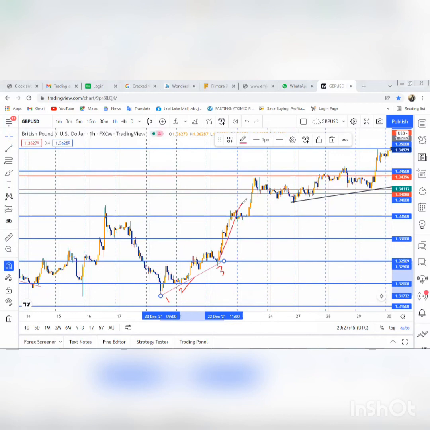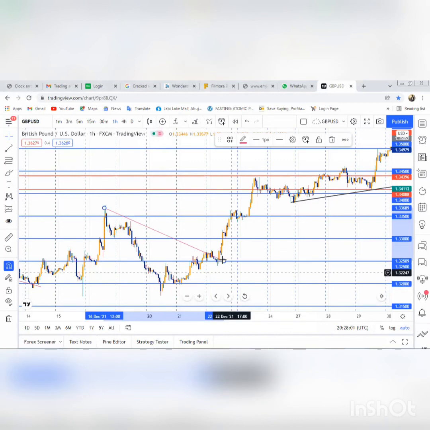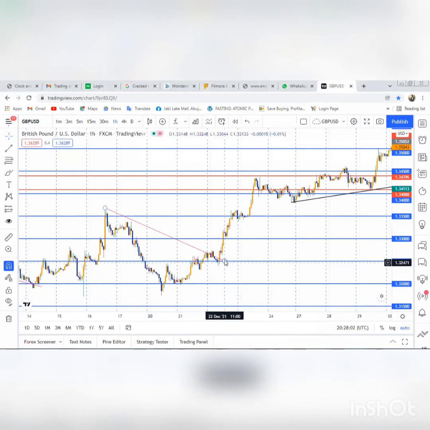So basically, this is just how the bounce and the break work. Sometimes when it's getting to the third touch, the trend line gets broken. You understand? So what do we do then? Wait, sometimes it retests, sometimes it doesn't.